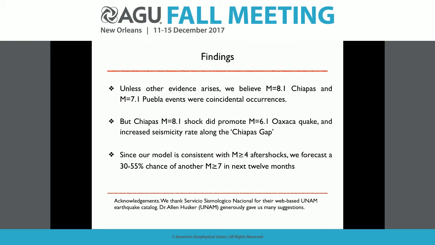So, I don't know what you mean. If you take the ETAS rate predicted from an 8.1, that many kilometers away, given its size, you can predict the rate at the point where the 7.1 occurred. You can compare that to the background rate, and you get a very small number, right? But there are no earthquakes in that zone after the main shock.